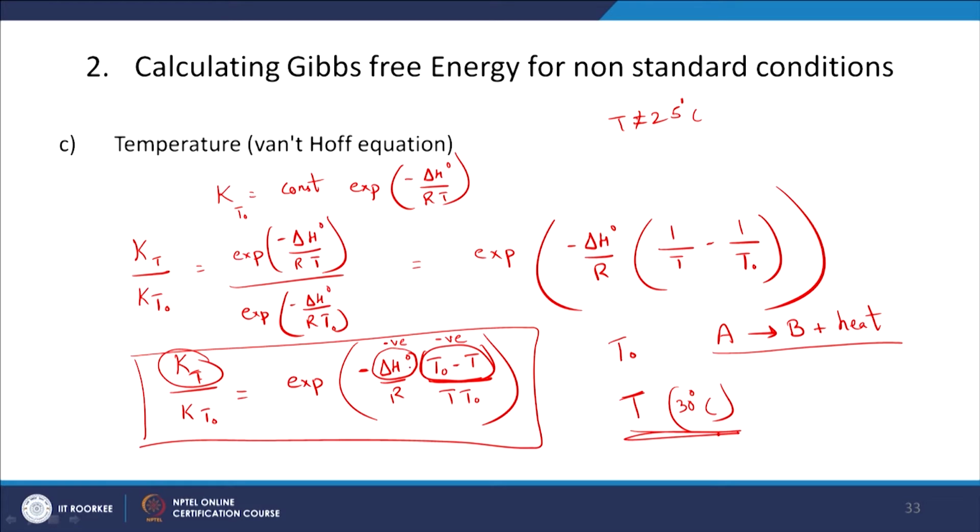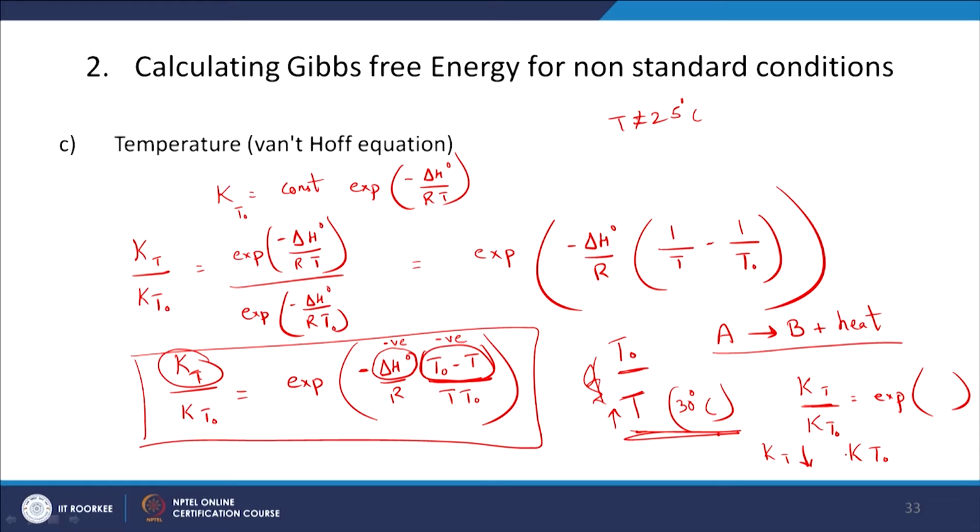We are going to end up with K at T by K at T naught as exponential of the relevant terms, so it is going to decrease. As you increase the temperature compared to the standard conditions, K at T is going to decrease compared to K at T naught.